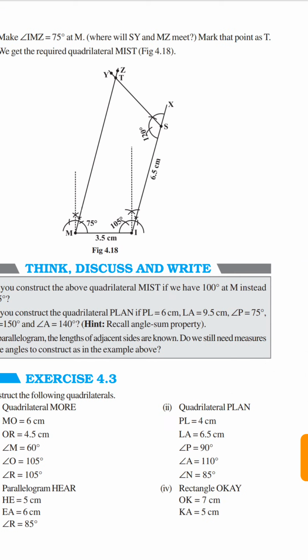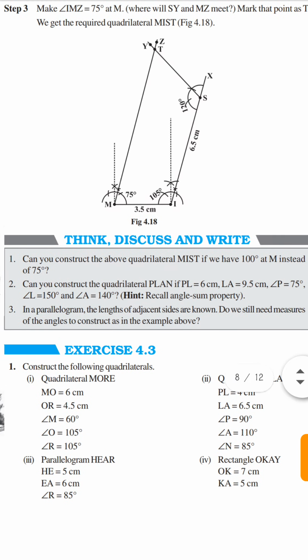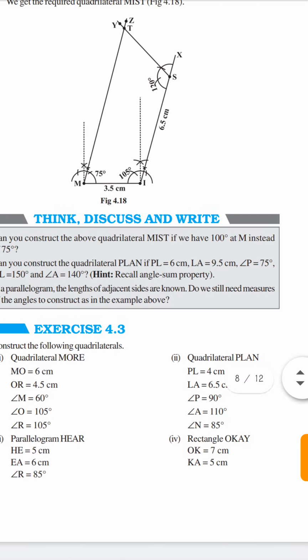Now here you can sum the angles P, L and A. The sum of all three angles must be less than 360 degrees, because these are three angles, and in a quadrilateral the angle sum of four angles is equal to 360 degrees.